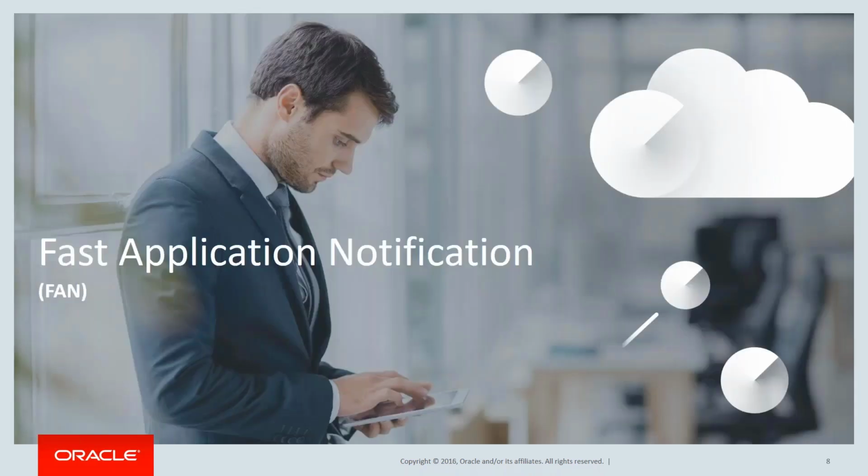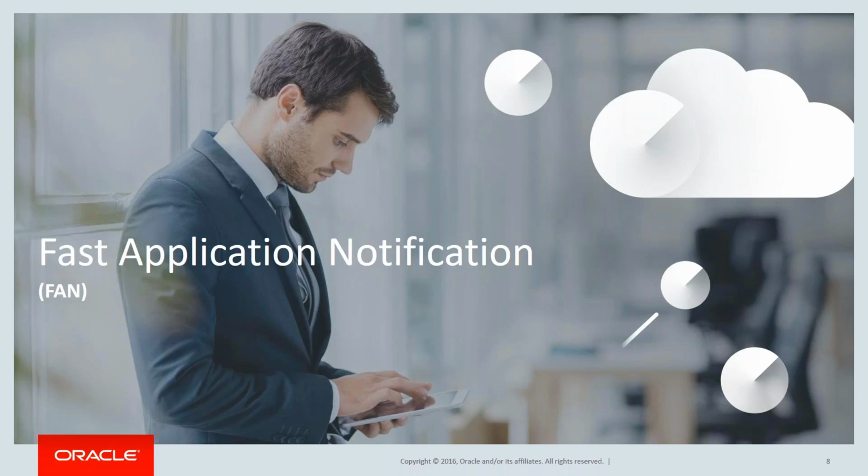So let's talk about Fast Application Notification. That's the secret sauce for a lot of these HA technologies, and it works whether you're using RAC, Data Guard, or any of the technologies I was talking about, including Global Data Services. And FAN specifically works with ODP.NET connection pools.